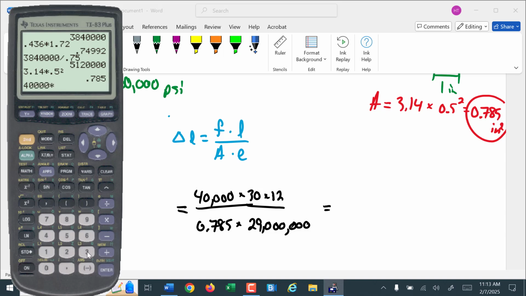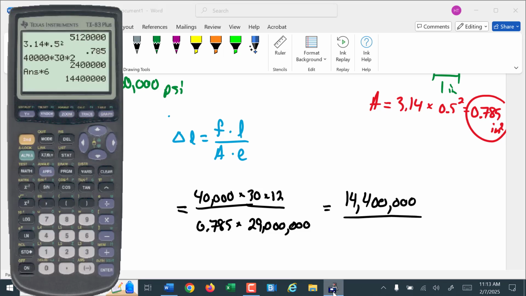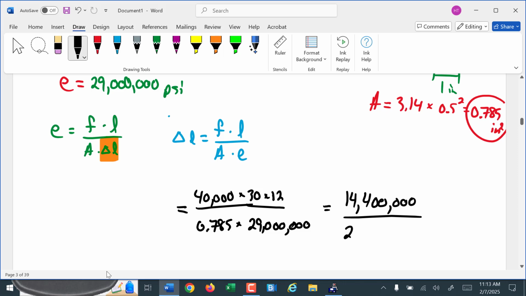So 40,000 times 30 times 12 on top. We get 14,400,000. On bottom, 0.785 times 29 million. We get 22,765,000.